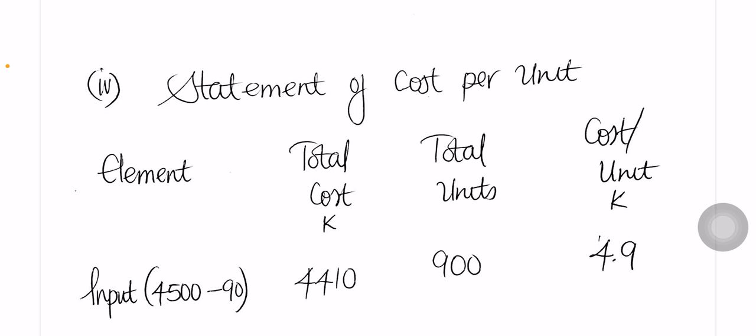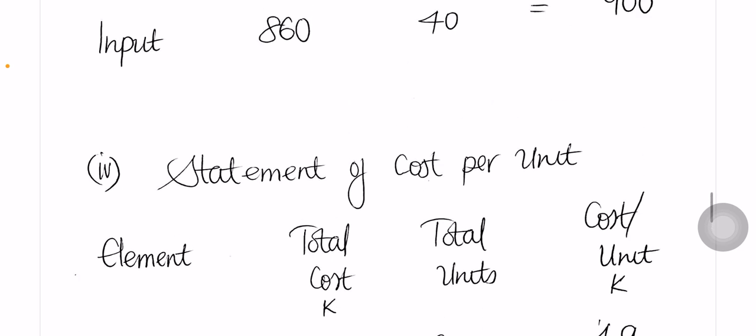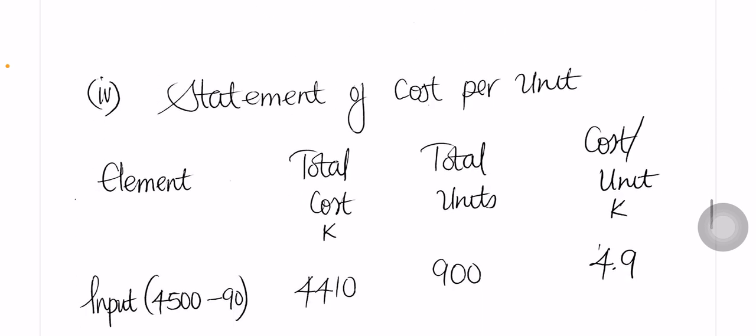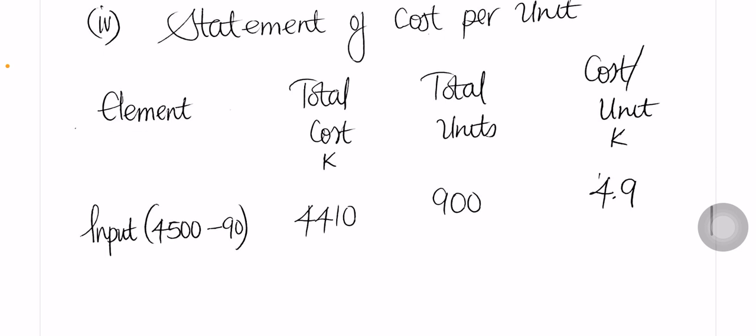Guys, value of input material is 4,500. The rule says we have to subtract the value of units lost. That's 90. So getting 4,410 as our total cost. Total equivalent units is 900, coming from our previous work. Then we have to find the cost now for 1 unit by saying 4,410 divided by 900, getting 4.9.